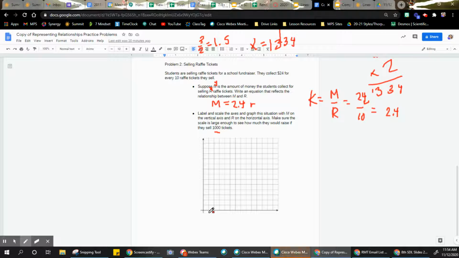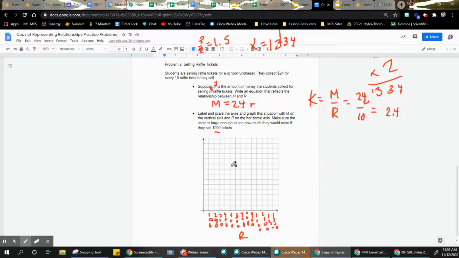So I'm going to probably do, this is 100 here, 200, 300, 400, 500, 600, 700, 800, 900, and this is 1,000. This is 1,100, 1,200, 1,300, and that's my number of tickets, so that's my R for raffle tickets.